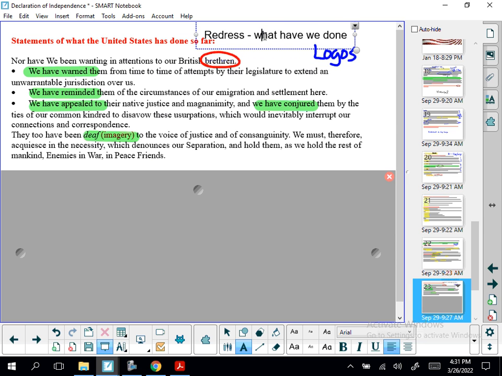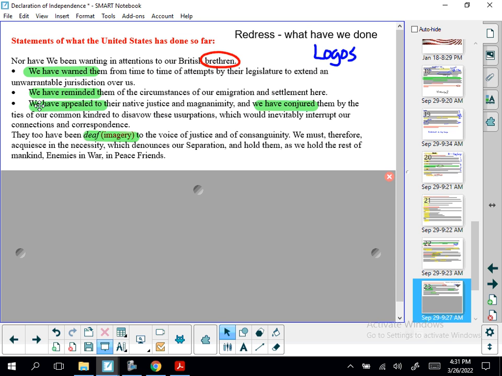This is not something that we're taking lightly. We have tried really, really hard to make it work. And he says, we've warned them, we've reminded them, we've appealed to them, we've conjured them, they're deaf to everything that we've said. They're appealing to the brethren of the British people. This again is some logos, it's important logos, after such a passionate plea.